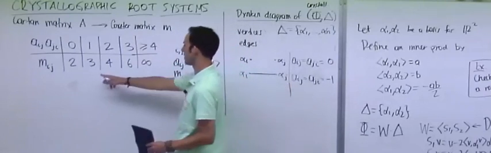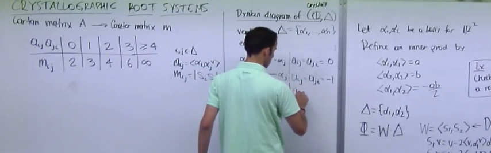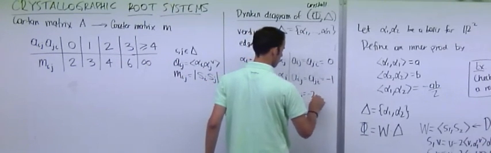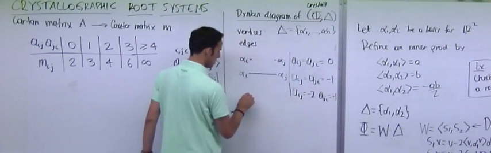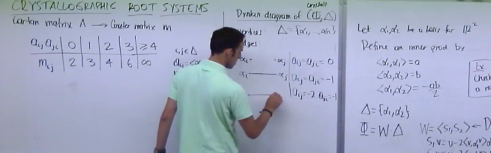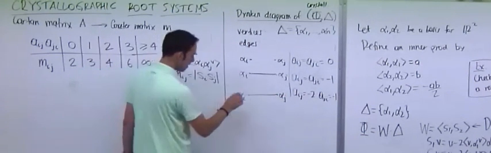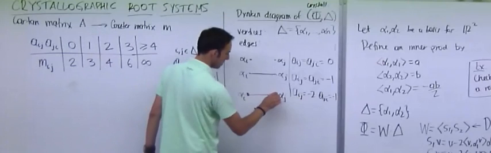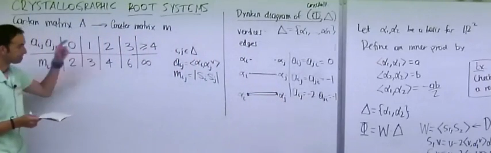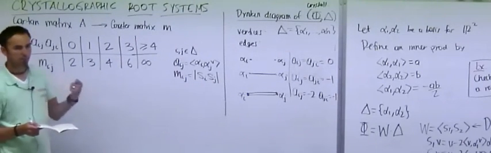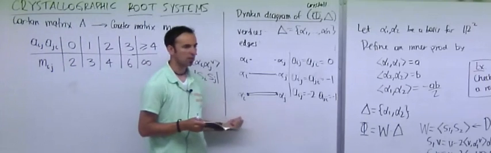Now, the next case is that it's 2. And so that means that one of them is -2, and the other one is -1. Okay. And so in that case, first of all, I put a double edge like this, which corresponds to this 2. And second of all, I put an arrow that indicates, because I know that these two things have different length, right?